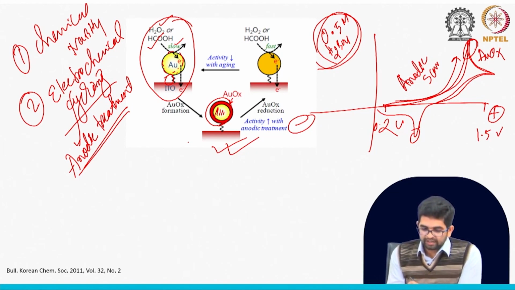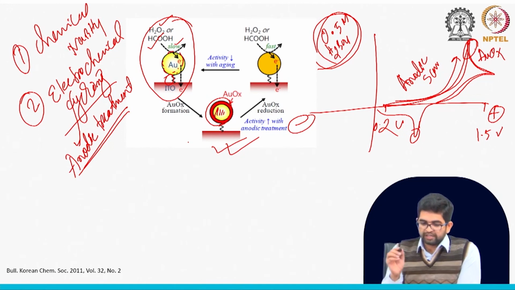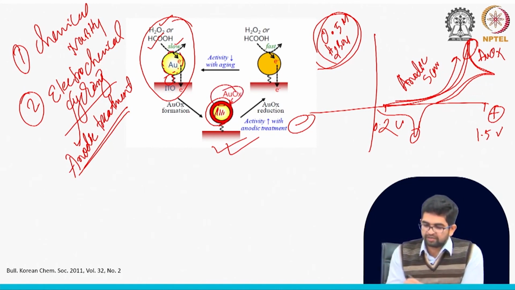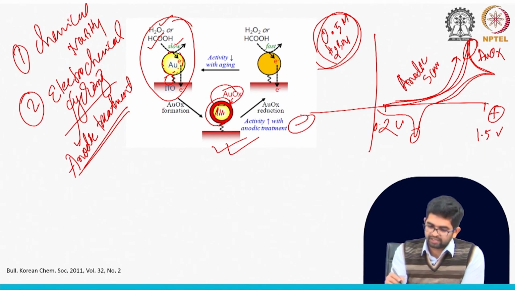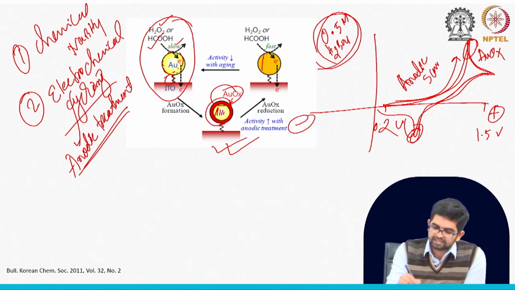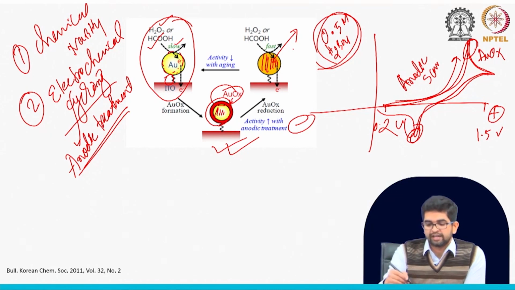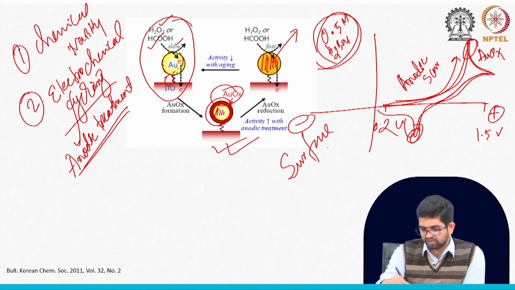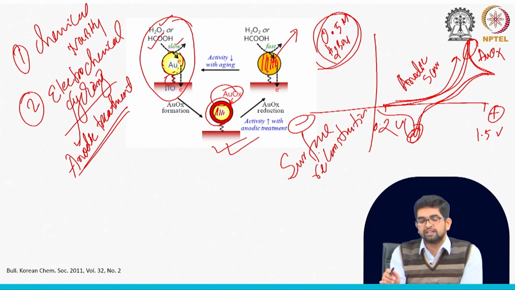And when this gold oxide is reduced back, during this potential cycling, this gold surface will show high catalytic activity. This is again because of a kind of surface reconstruction, because with this potential scan, the surface energy can change.